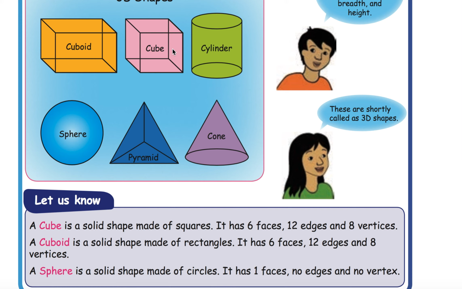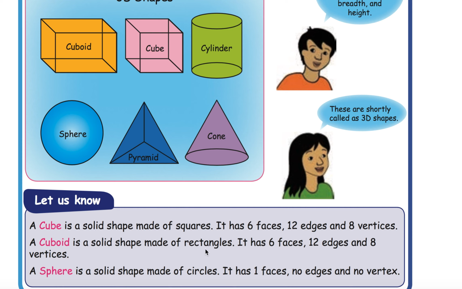Dice is a perfect example for a cube, and 8 vertices. 12 edges and 8 vertices.